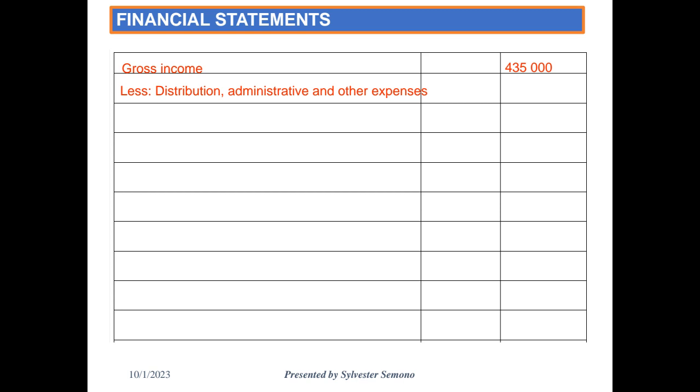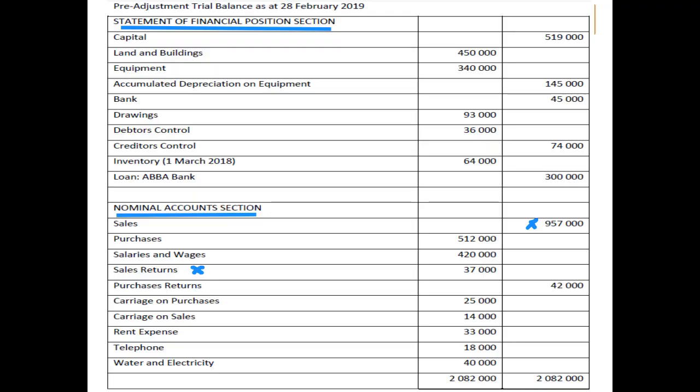Under that, I must go to the trial balance and find the expenses. That's how I prefer it. For the first expense, we look at the nominal accounts. What is the first expense that you see here that we have to record? Rent expenses.